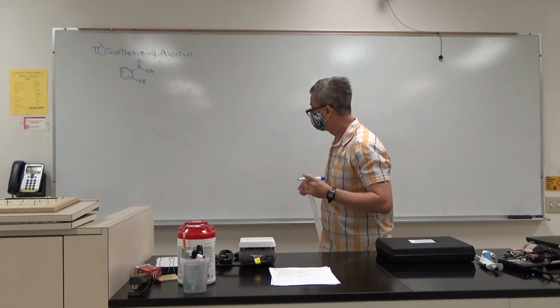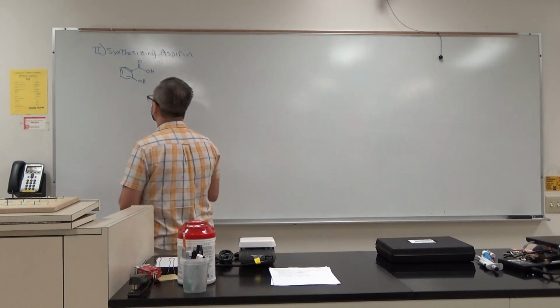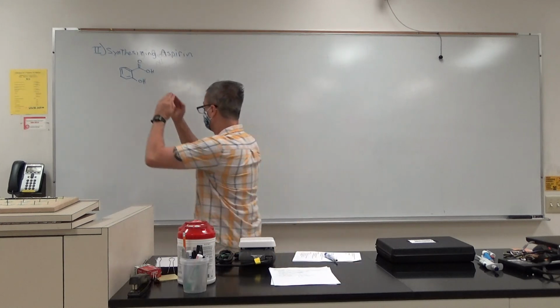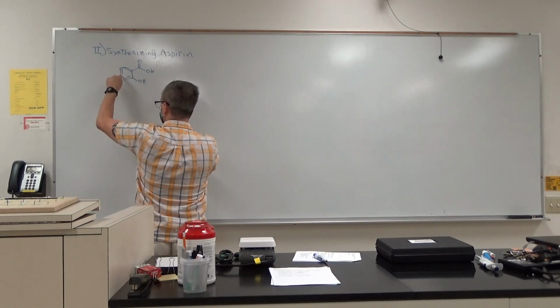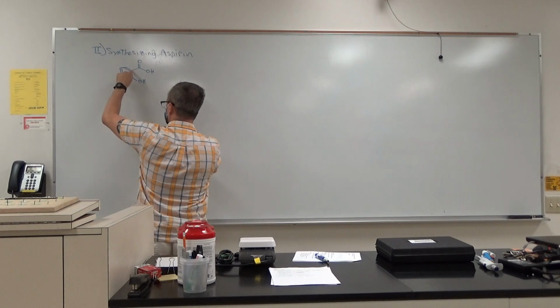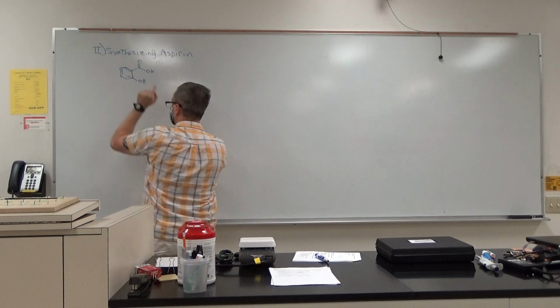9, 8. Okay, lots of answers, and just not quite the right one yet. 7. Yeah, there's 7. So any place 2 lines come together? 1, 2, 3, 4, 5, 6, and then 7.